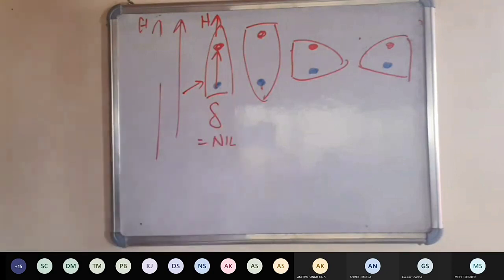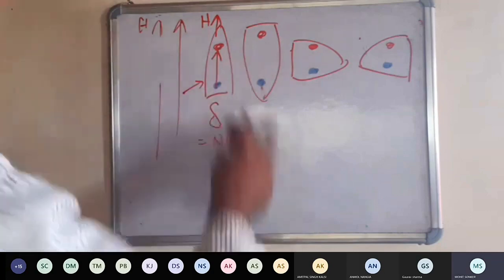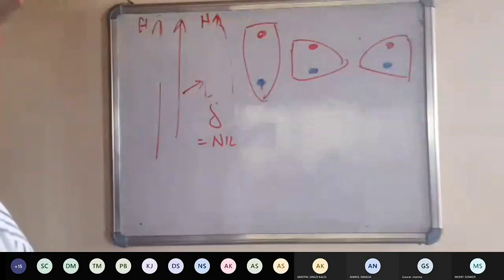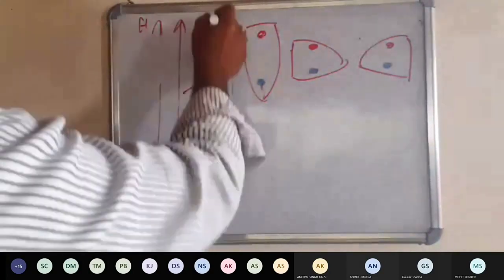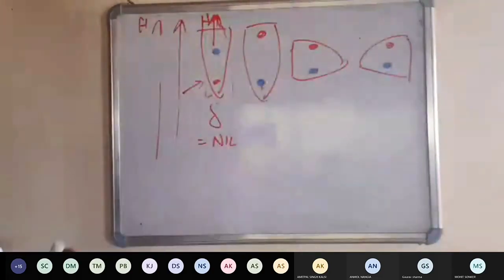Is that correct? Yes, sir. Now, what happens if the same ship, with the forward bow side having the red pole, is like this and heading 180 degrees? What is happening here?